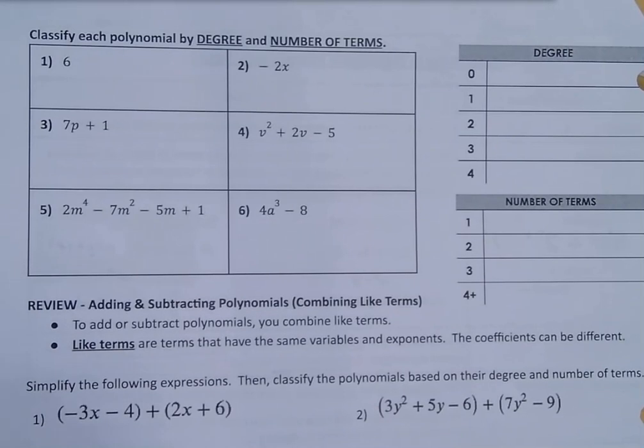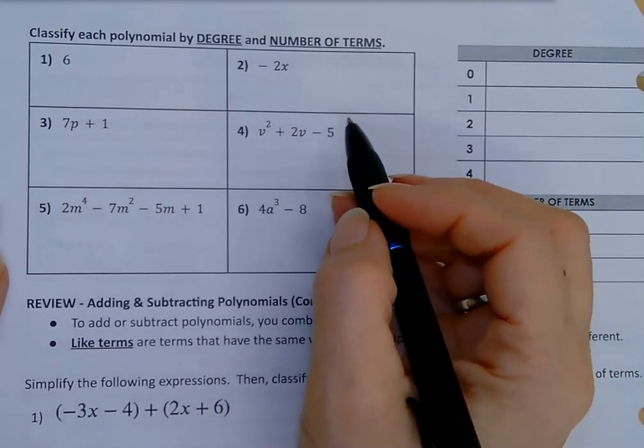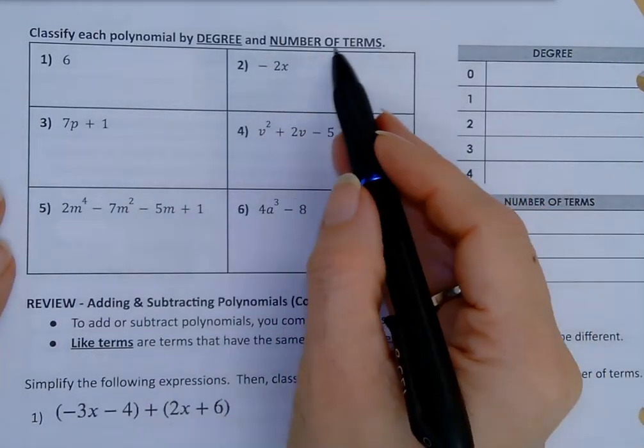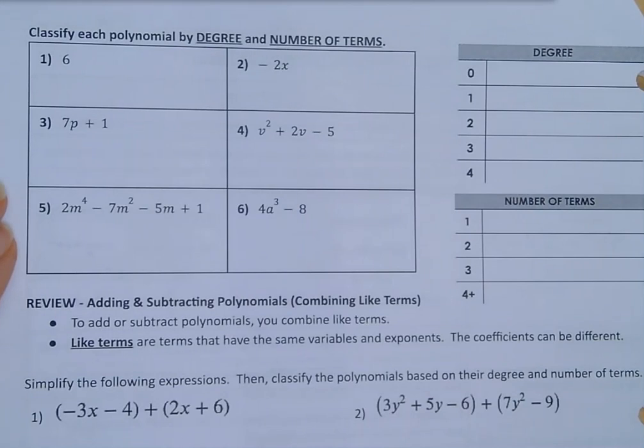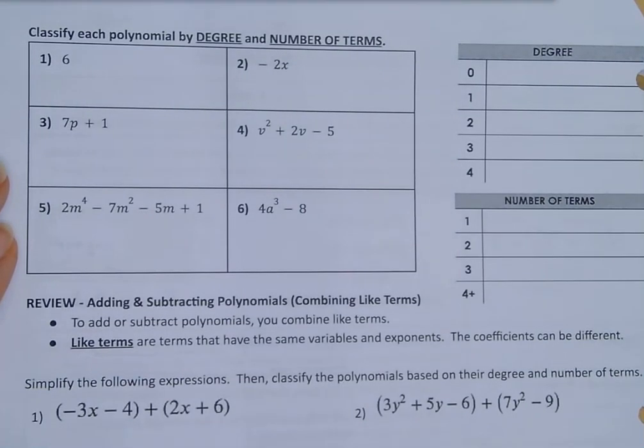So does it have one term or two terms or three terms? If it has more than that, we're just going to say it's a polynomial. We're not going to be all crazy, okay? But we have some more specific words that we use when we're talking about how many terms.